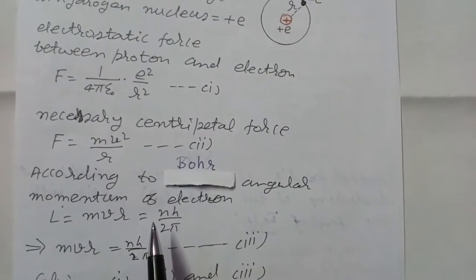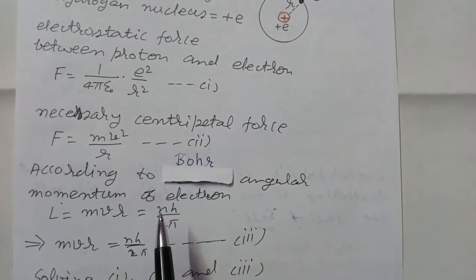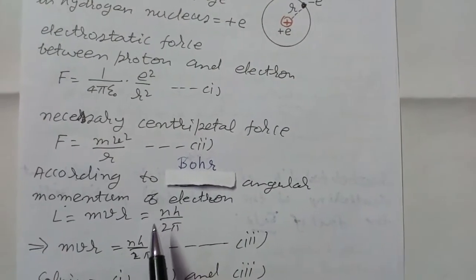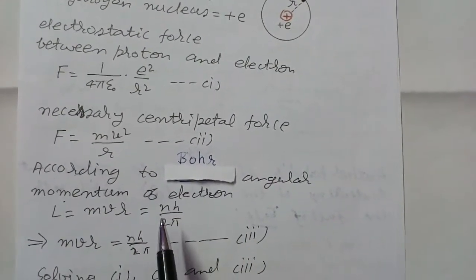If the electron is revolving in the first orbit, then n is equal to 1. If in the second orbit, then n is equal to 2.